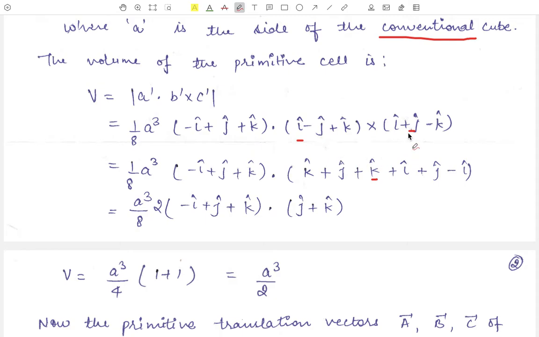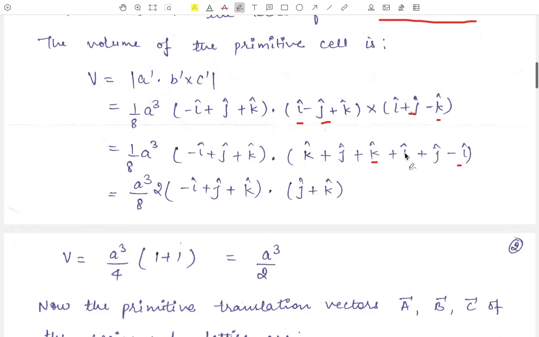Now minus j cross j is 0, minus minus plus j cross k is equal to i vector, plus k cross i is j and k cross j is minus i, and again k cross k is 0. Now we have this i cap vector and minus i cap vector cancel out each other. We get 2 j vector and 2 k cap vectors. 2 taken outside, we get j plus k.